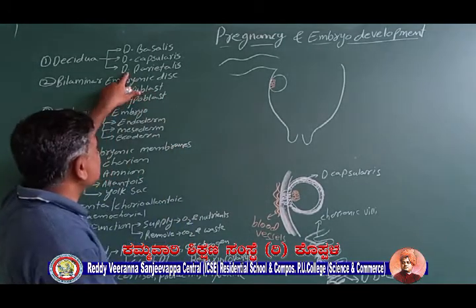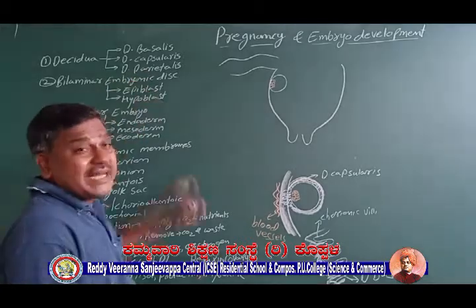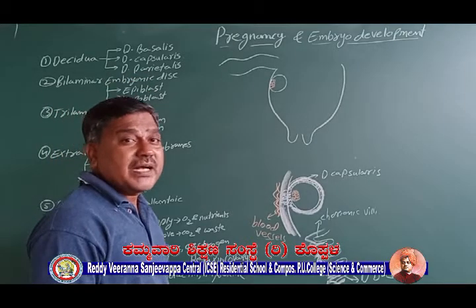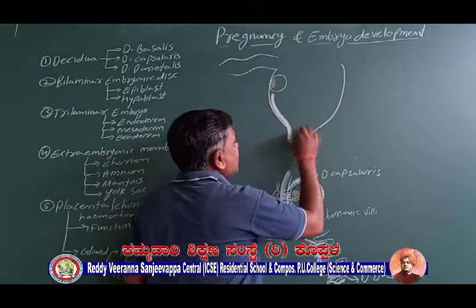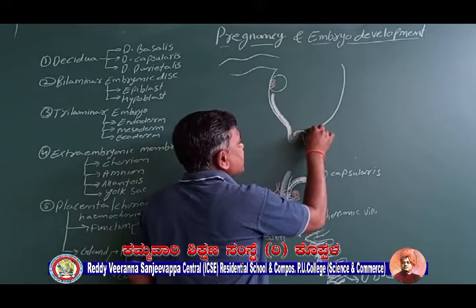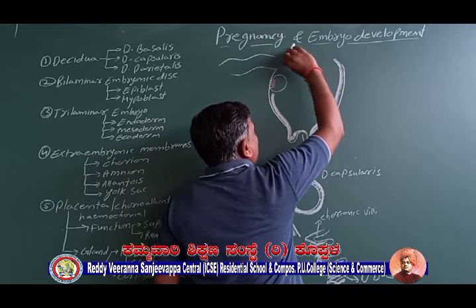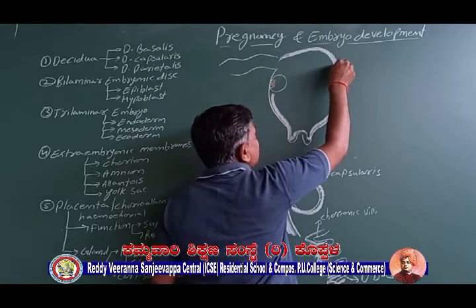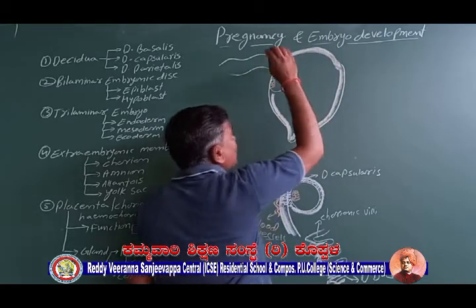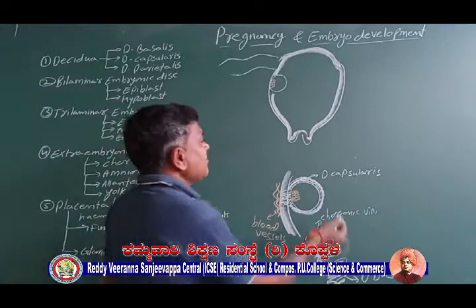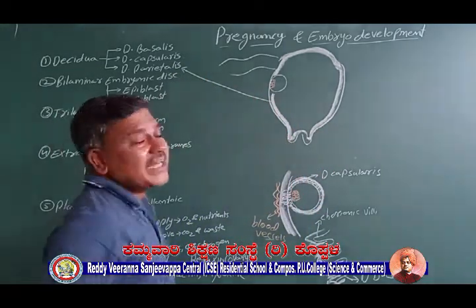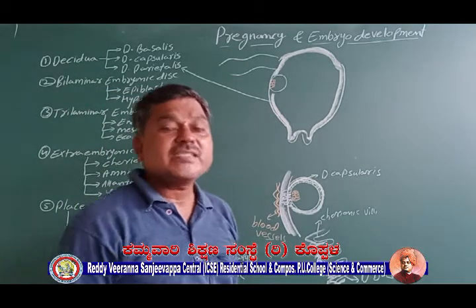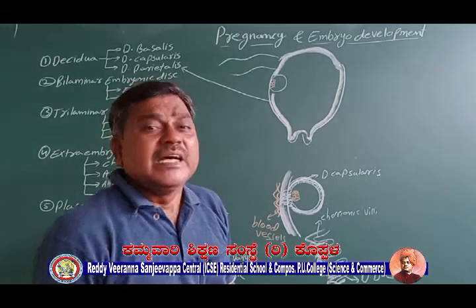And the last one is decidua parietalis. Now the rest of the endometrium, which is present in the cavity of the uterus, is called decidua parietalis.